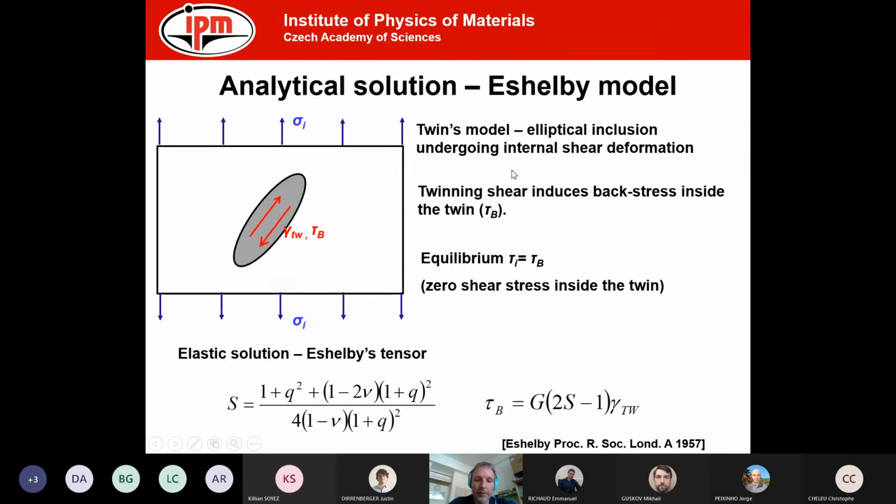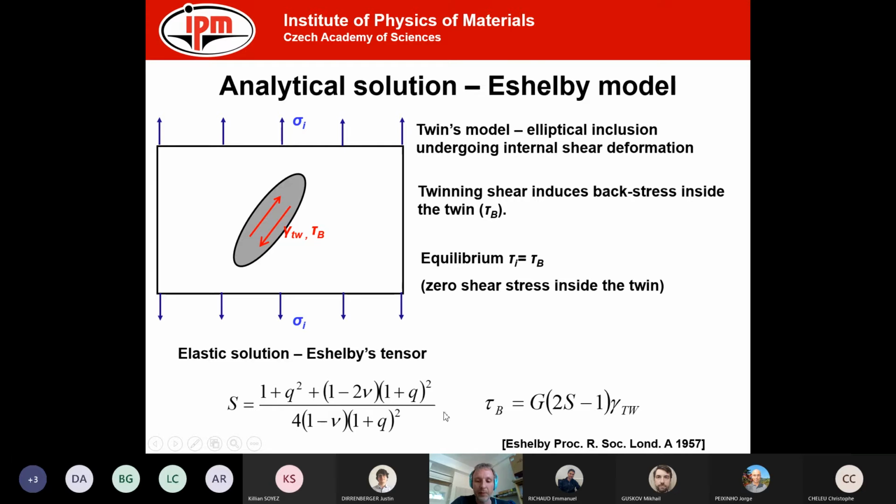And our equilibrium condition is that the equilibrium aspect ratio is the one that produces a back stress at the same level as the initial applied stress. And for that, you can write a precise analytical solution through the Eshelby tensor.